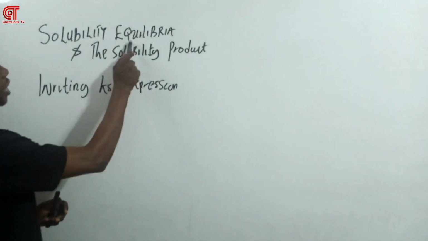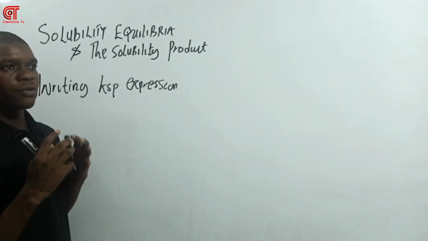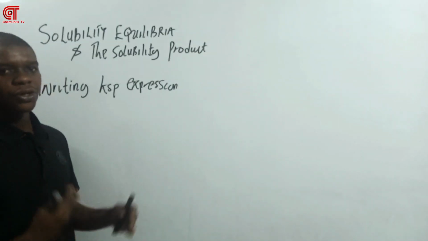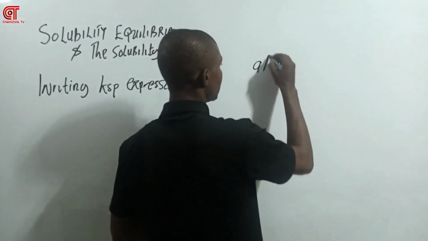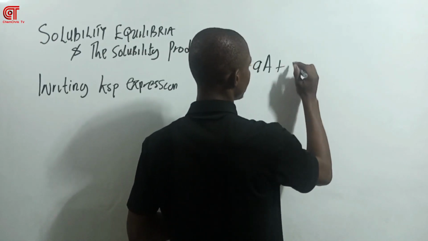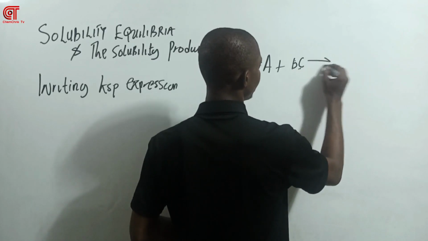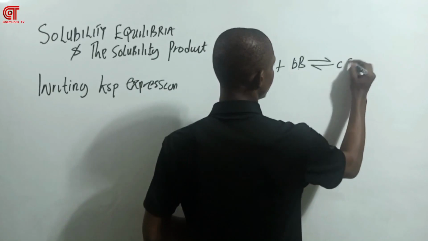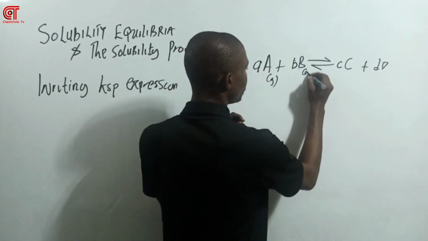Now, when you hear the word equilibrium, it means it occurs at equilibrium. For a reaction to occur at equilibrium, it must be a reversible reaction. We have done chemical equilibrium, where we did something like A plus B gives C plus D. Let's see, that is a homogeneous reaction.